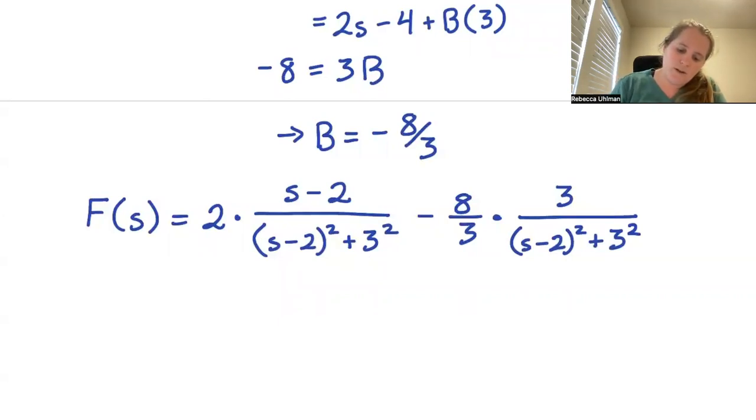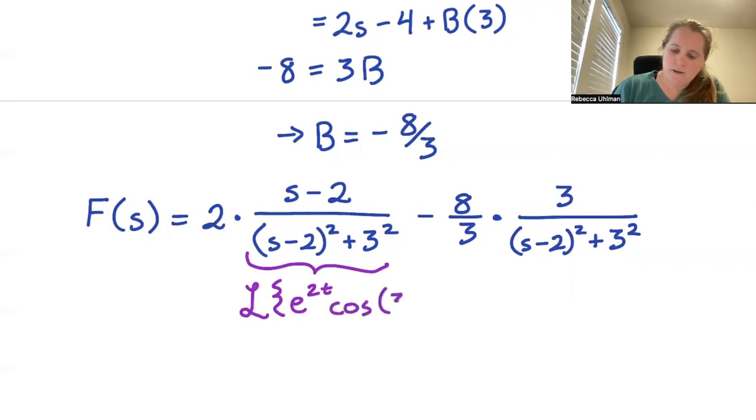So this first piece, (s minus 2) over ((s minus 2) squared plus 3 squared), is the Laplace transform of e to the 2t times cosine of 3t.